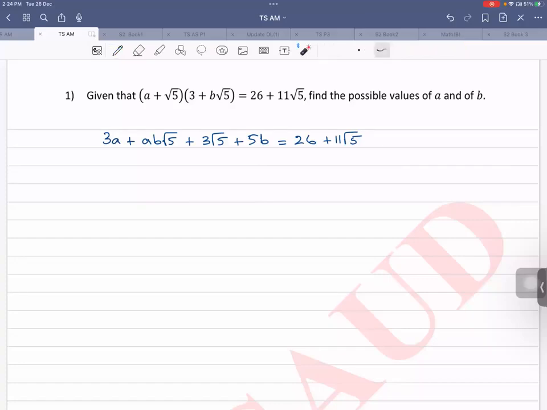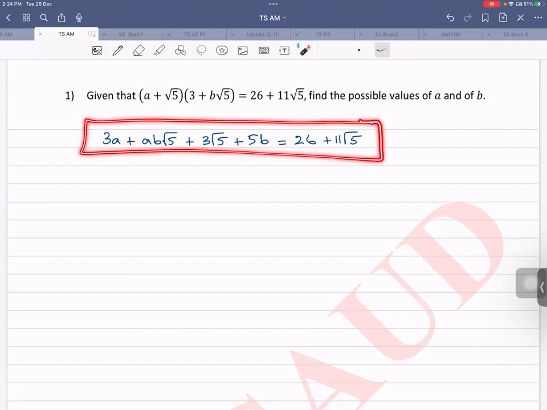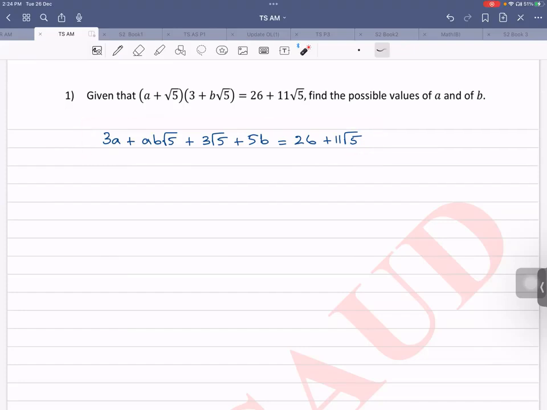I don't think we can simplify this equation further. So there's a concept that we are going to use, and that concept is called comparing.